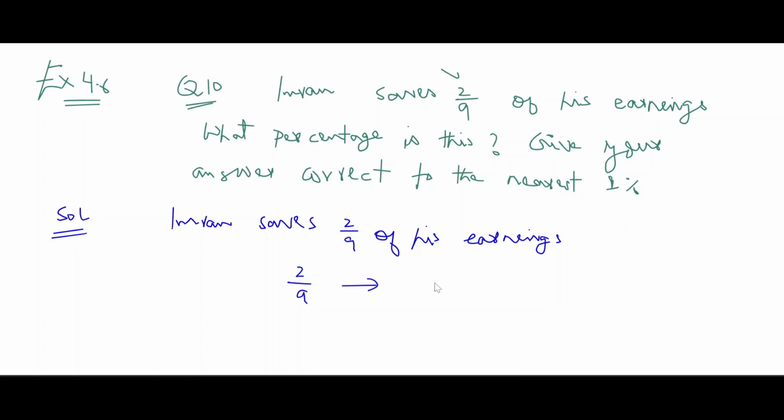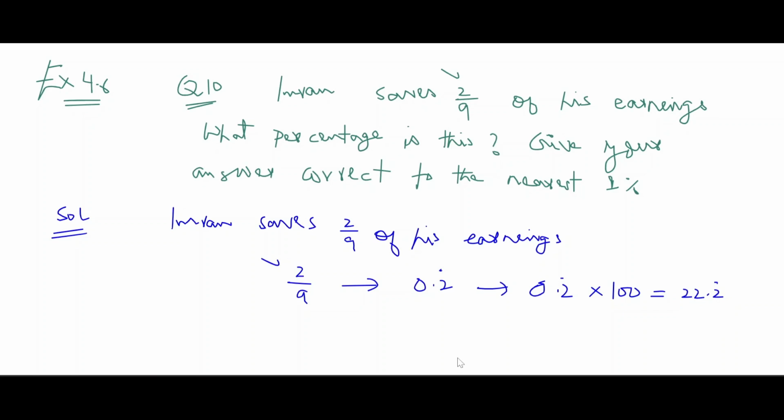It becomes 0.2 with a dot on top, which is recurring. Multiply by 100 and you get 22.2 with a dot on the 2.